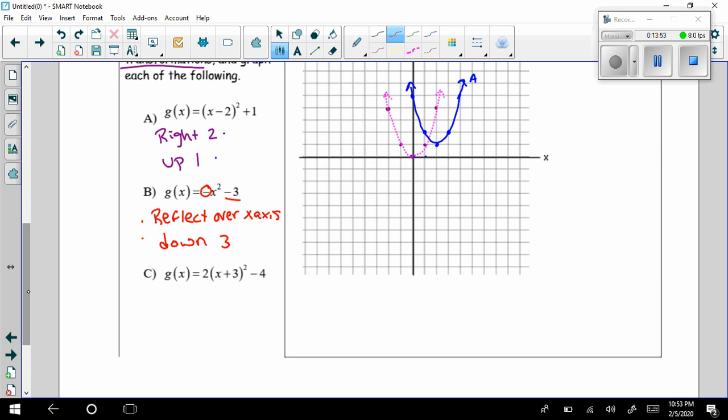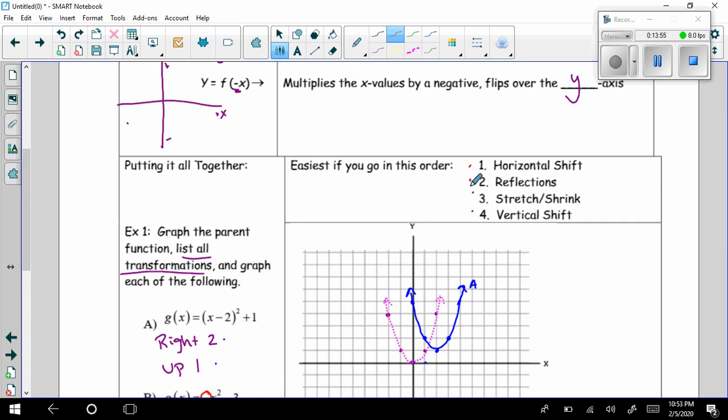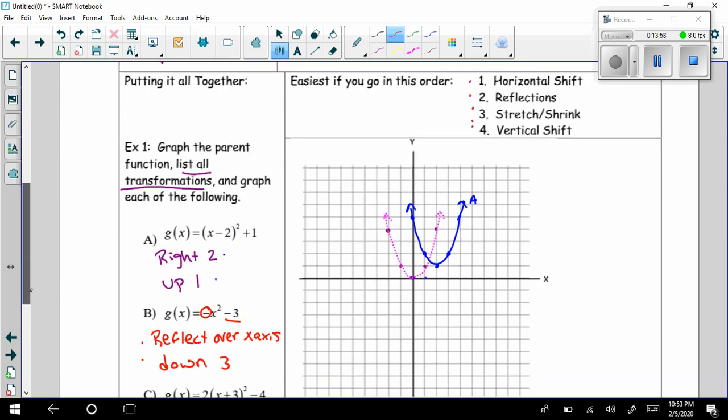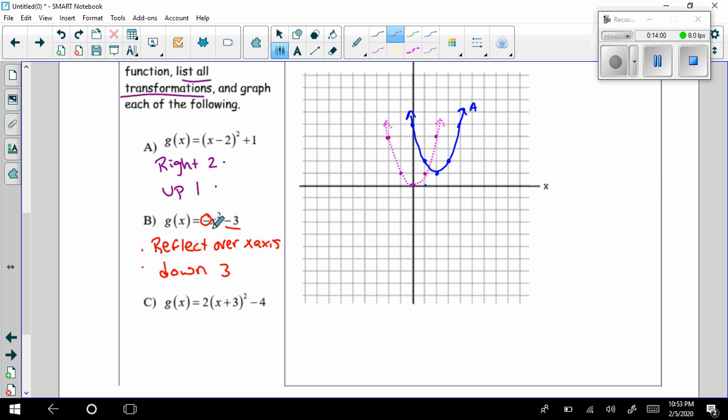And notice these are being written in the order recommended to do this by. It's the same as your order of operations. This would happen before this does, if you were plugging in values for x. And you can always make an XY chart for any of these if the parent function is giving you trouble.